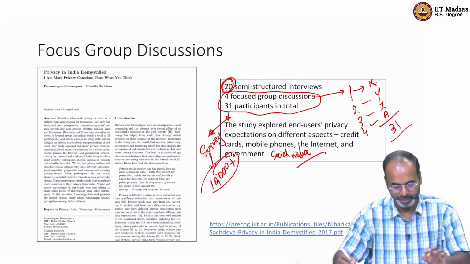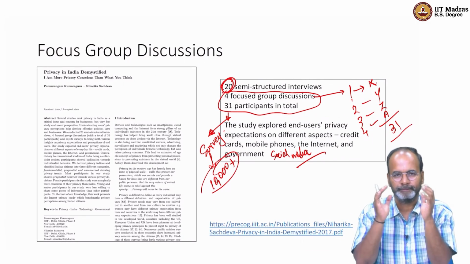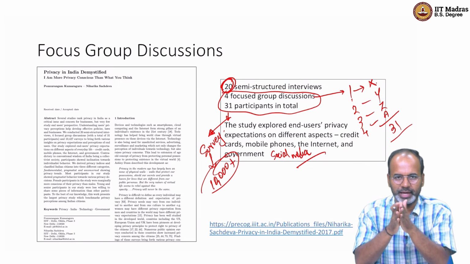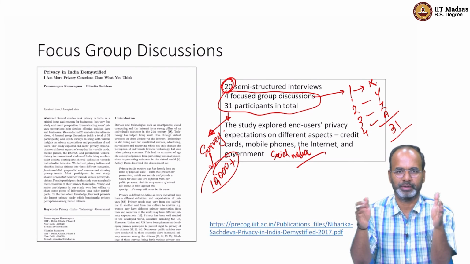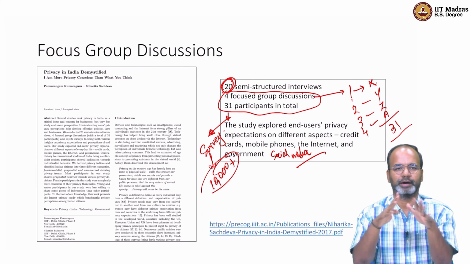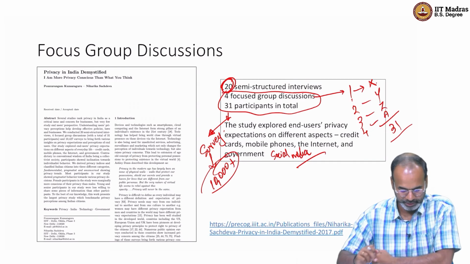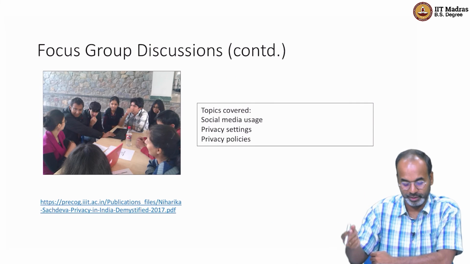Even though this slide is placed in the focus group discussion, the point I'm getting across is that one study can have multiple methods: interviews, focus group discussion, and surveys. The study had all three, and it looked at social media also.